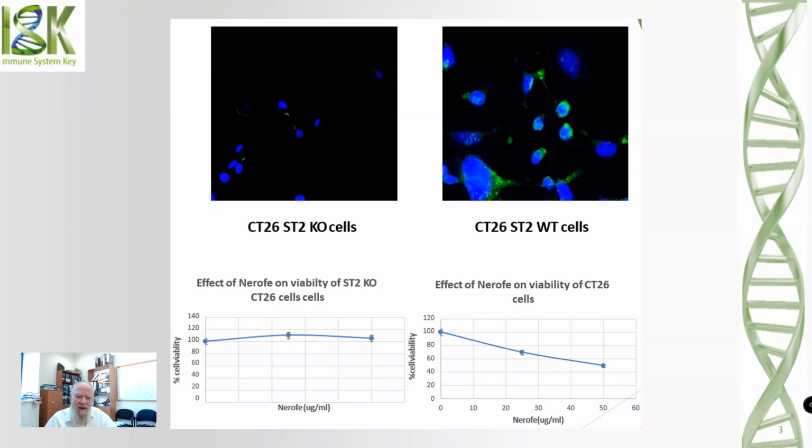When we applied Nerofe to these 2 cell types, the wild type responded nicely with a decrease in viability of cells in a dose-dependent manner, as opposed to the ST2 knockout cell line, which did not respond to Nerofe.